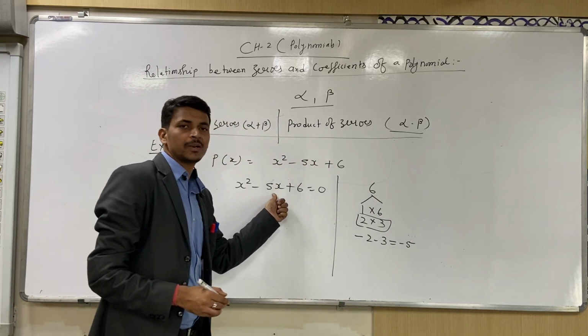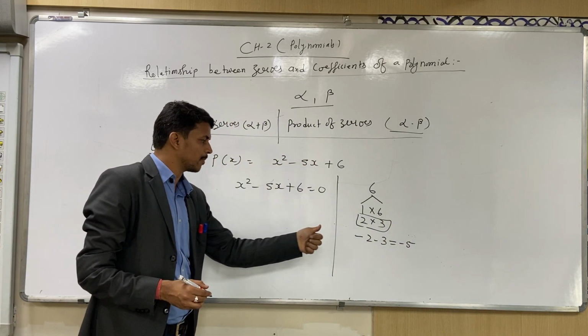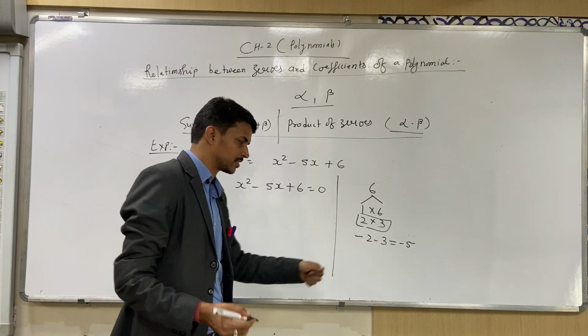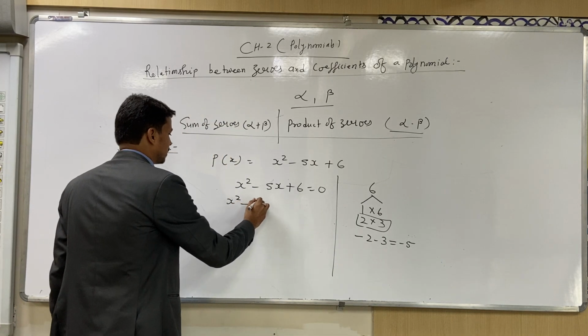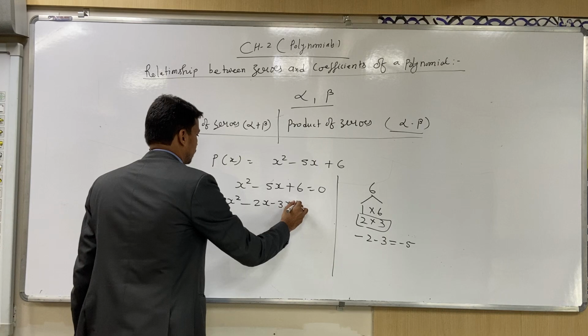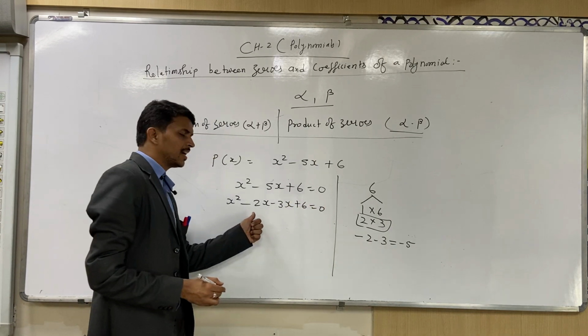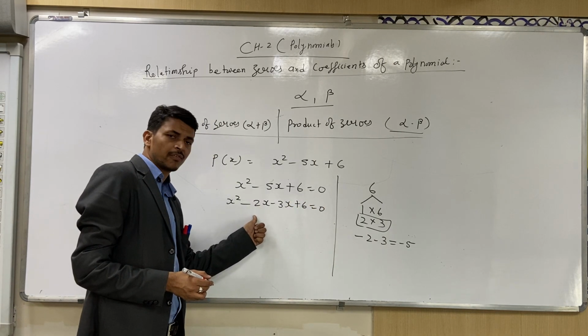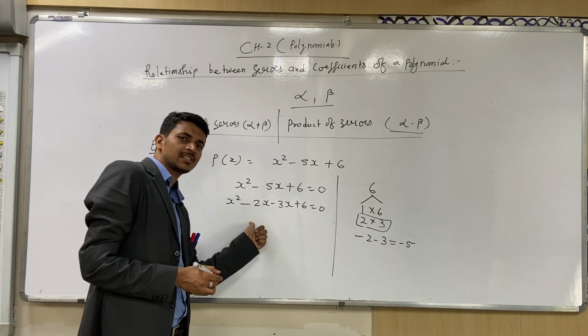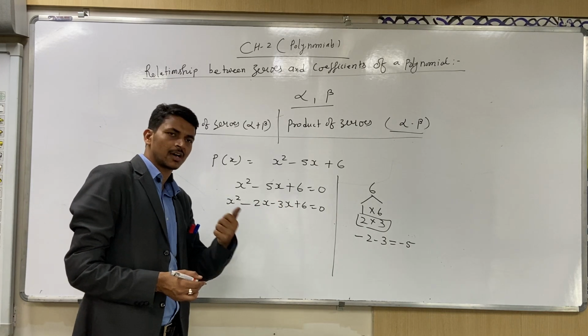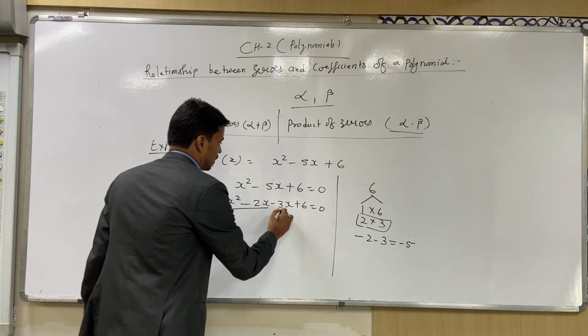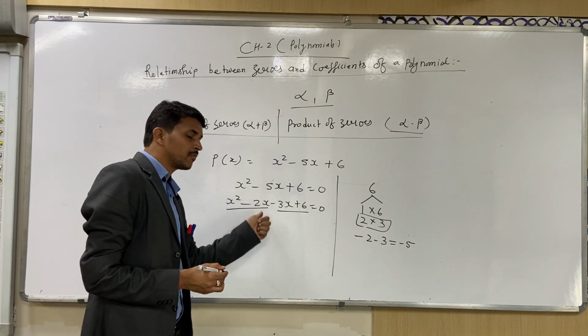Let us split the middle term, minus 5x, in the form of minus 2x minus 3x. So x square minus 2x minus 3x plus 6 is equal to 0. It is not mandatory to take minus 2 first. You can take minus 3x here or minus 2x that side also. It's our choice.